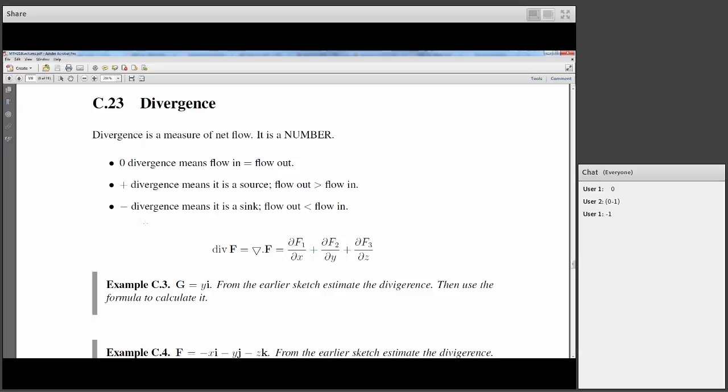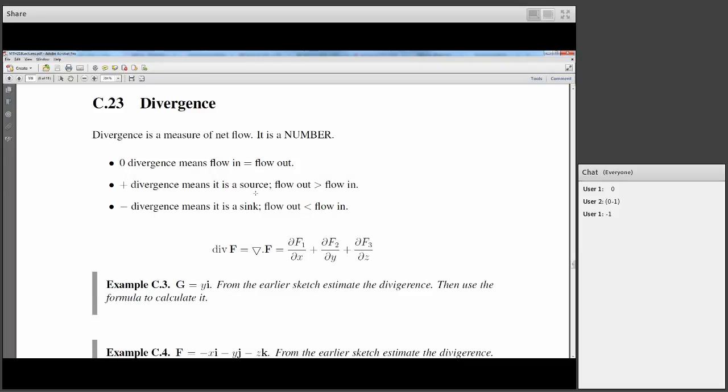For water flowing, it shouldn't actually increase or decrease mass. So conservation of mass would imply that in a normal river situation, you have zero divergence. And if you don't have zero divergence, it means you really have either a leak in your system, so that's why the word sink, or a way of adding water, a source.